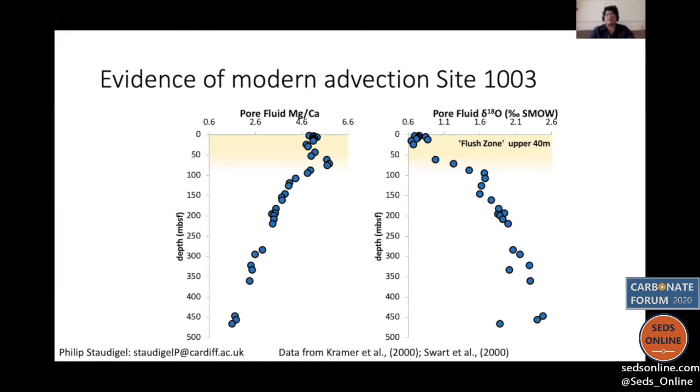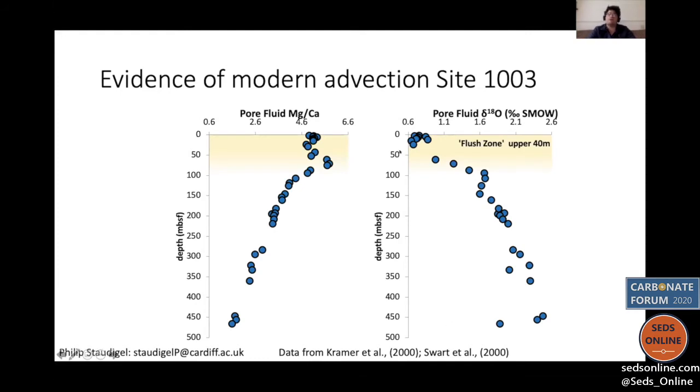So at this site, there is a great deal of evidence of large-scale fluid infiltration. Here you can see that the uppermost roughly 50 meters of the pore fluids are essentially modern ocean. And so if you have a fluid infiltrating, it basically wipes out any other diagenetic effects.